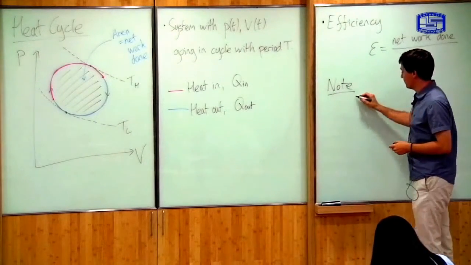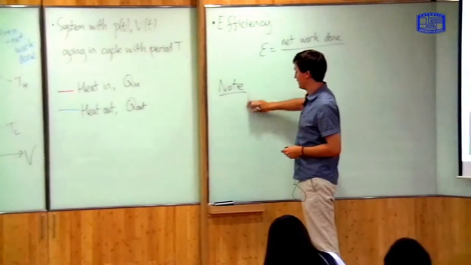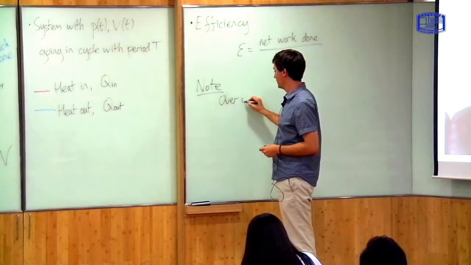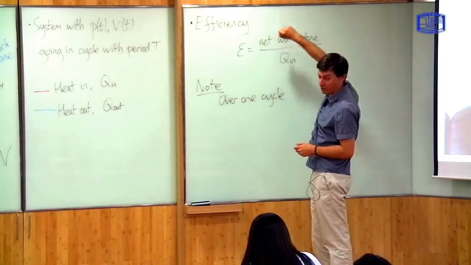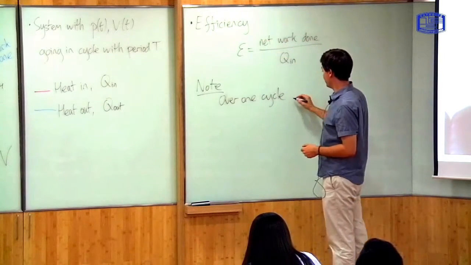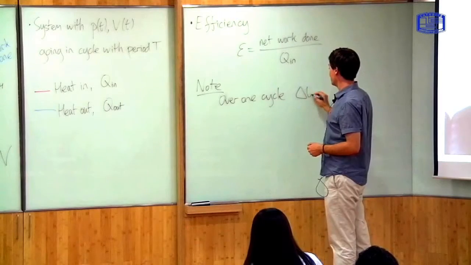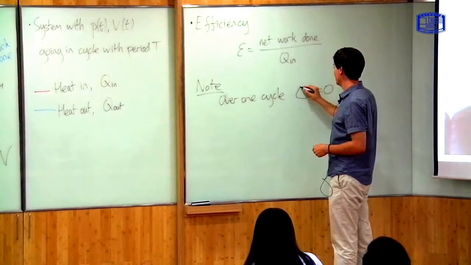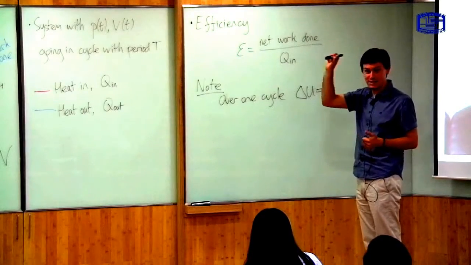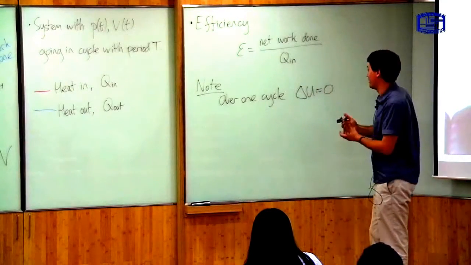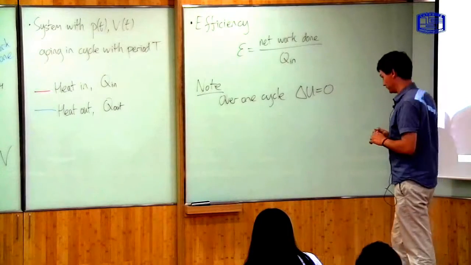The first law of thermodynamics: over one cycle, if I start and then go all the way around and come back again, it's obvious that the total change in internal energy of the system is zero, because you start and end in the same place. So it must have the same energy.